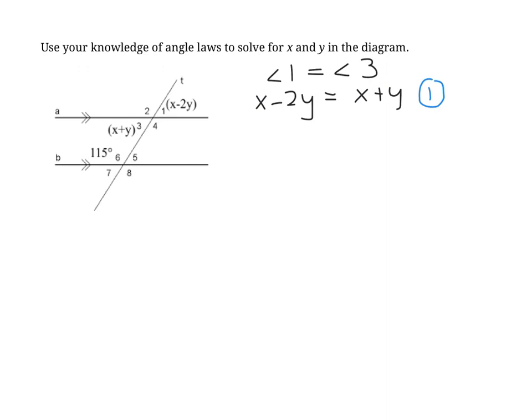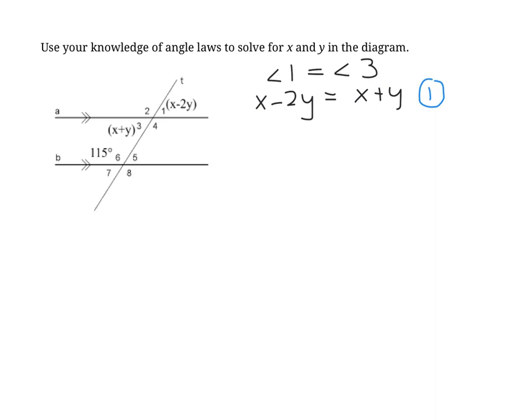To come up with my second equation, I'm going to look at the information that's given to me in the positions of angle number 3 and angle number 6. So angle number 3, as you know, is labeled as x plus y, but angle 6 is actually given to us. They tell us that that particular angle is 115 degrees.